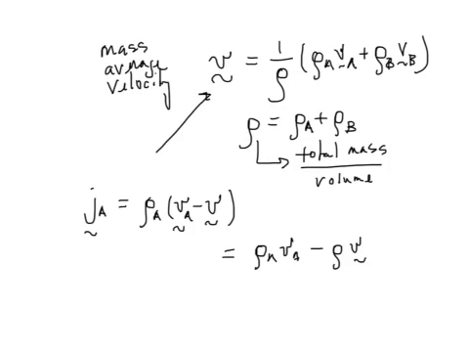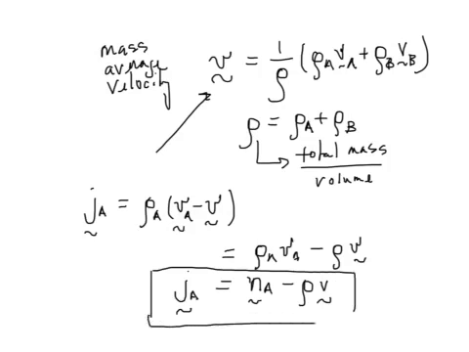And we know then that rho A VA by definition is the mass flux in the lab frame. And therefore we have a very important definition between the relative mass flux JA and the mass flux in the lab frame NA, and the difference being this factor rho V, where rho is the mixture density and V is the mass average velocity of the mixture.